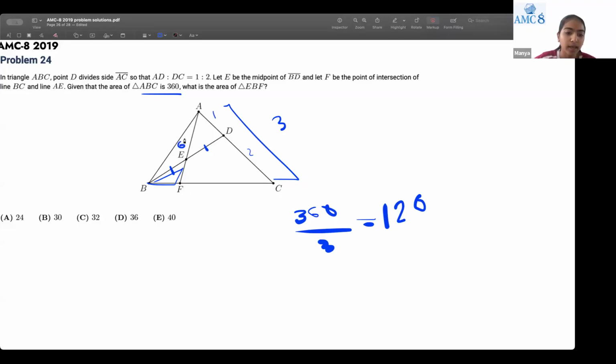So then this triangle right here will be equal to 60, and this triangle right here will also be equal to 60. And we also know that this one right here is equal to 240. So, I'll change the color to green.